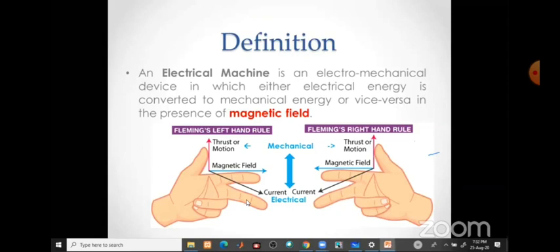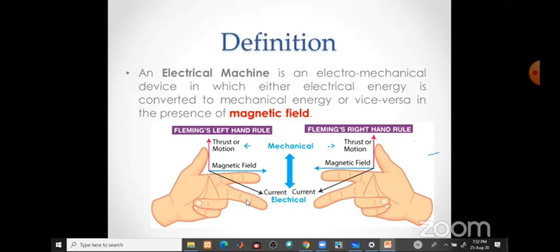So there should be magnetic field only. In the presence of magnetic field only, this energy conversion should take place. Then only we will call this an electrical machine, otherwise not.